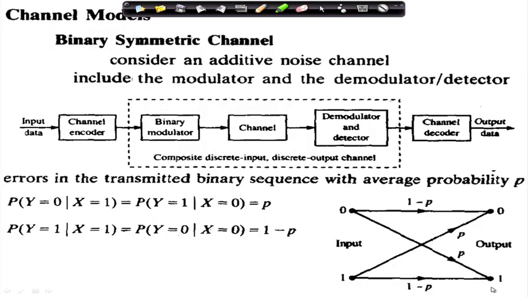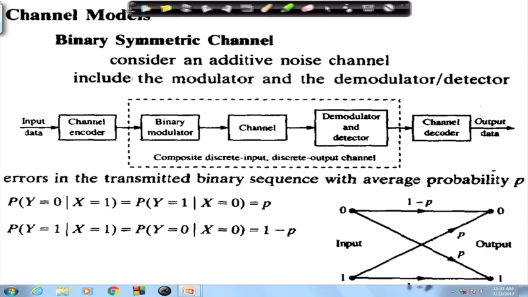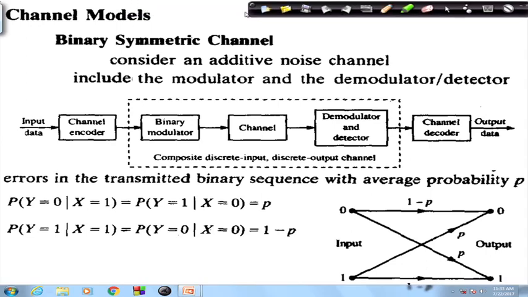So, when we study channel capacity, generally we have to first study the different kinds of channel that may be available. So, one of the channels that is of our interest is the binary symmetric channel.